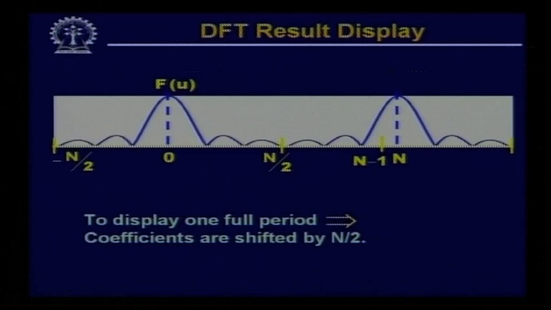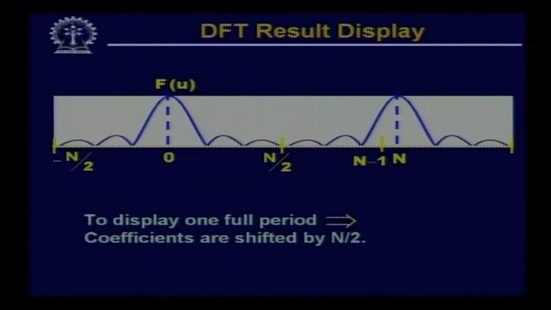So, this figure shows that the transform values in the range N/2 plus 1 to N minus 1, somewhere here, are nothing but the transform values of the half period in the left of the origin.